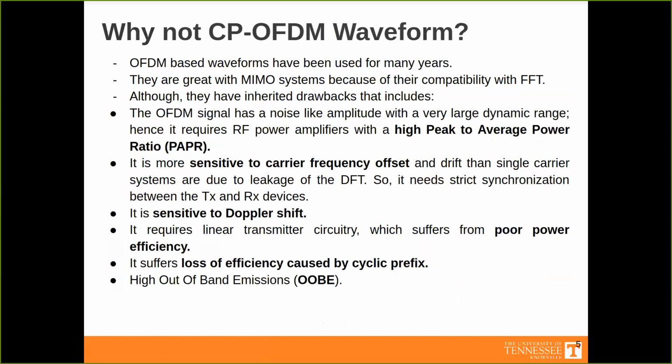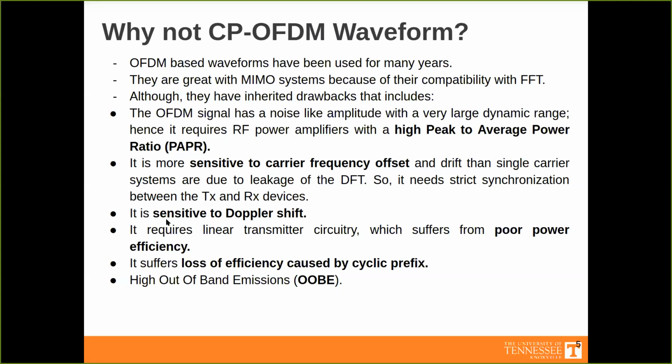On the other side, as part of our work, why do we need new waveforms? Orthogonal frequency division multiplexing has been used for many years, and it is really simple to build and compatible with the fast Fourier transform. But as we said, it has some drawbacks or limitations because it needs a lot of synchronization. It suffers from a high peak-to-average power ratio, and it is sensitive to carrier frequency offset.